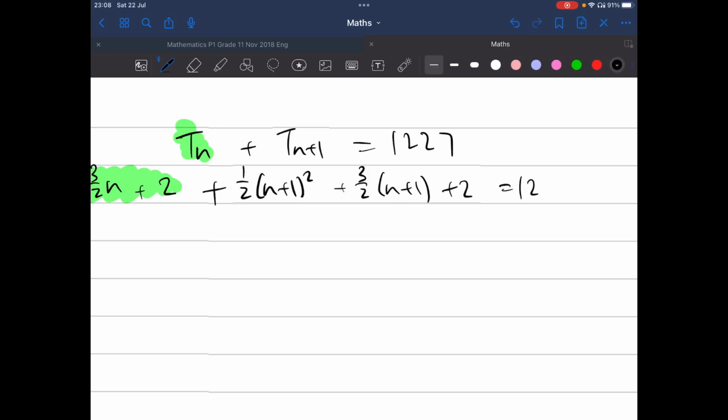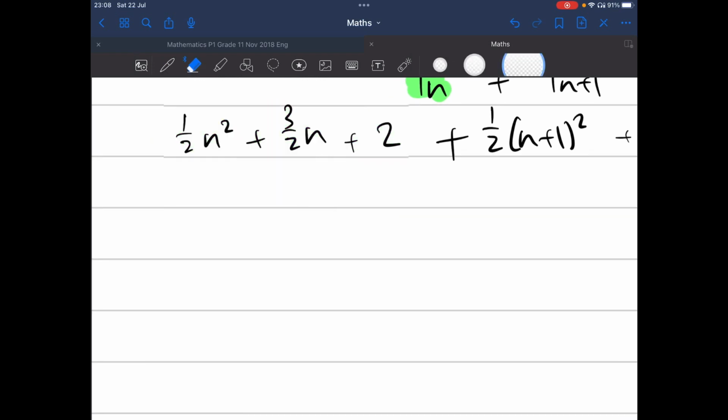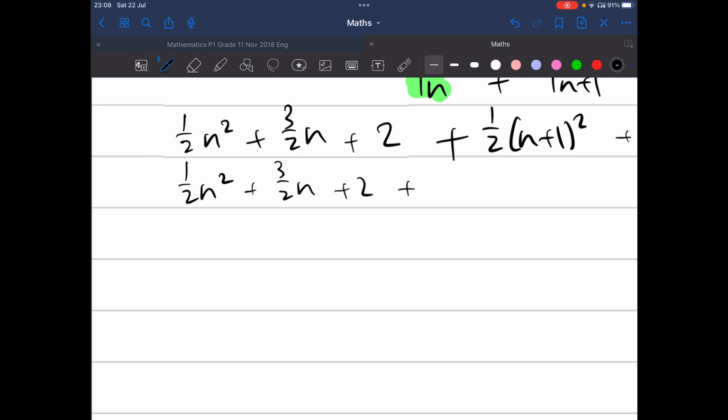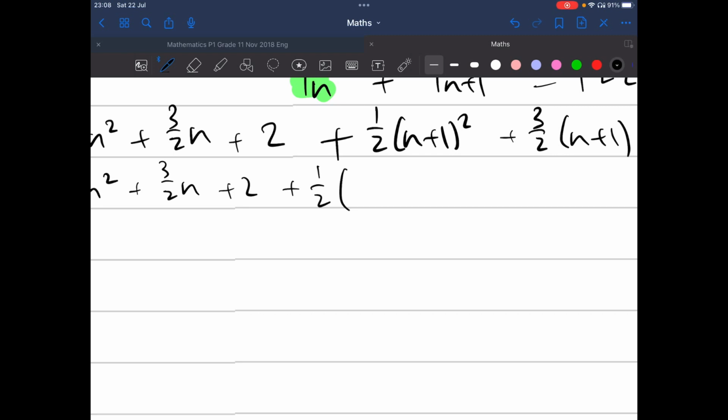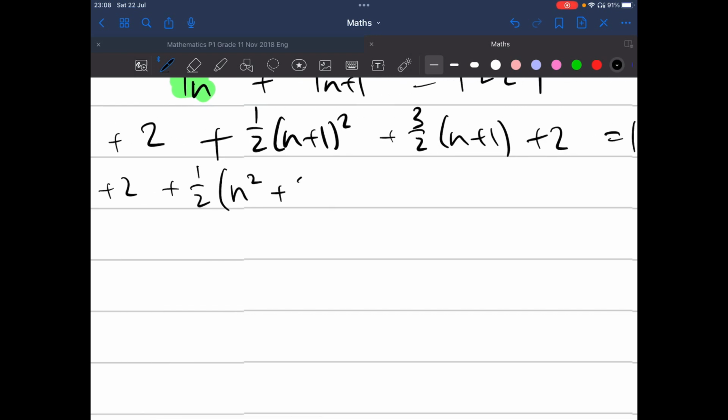Okay, so now let's expand everything and solve for n. Okay, so half n squared plus 3 over 2n plus 2 plus half. Now it's square binomials. Okay, so it's n squared plus 2n, right? Because remember you multiply these two, so you'll get n times 1, which is n, and then you double it, so 2n, and then you square the last term. Okay, plus 3 over 2n plus 3 over 2, right?